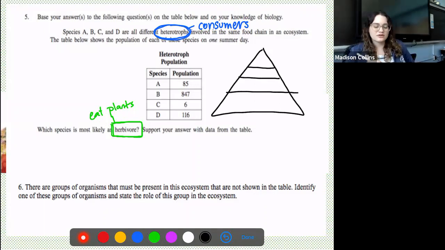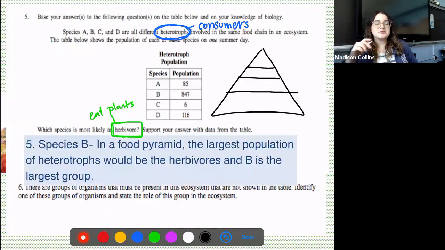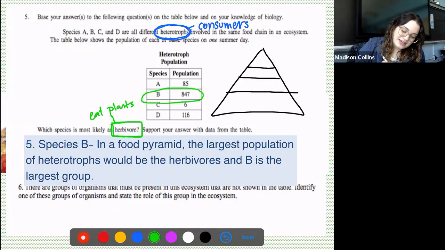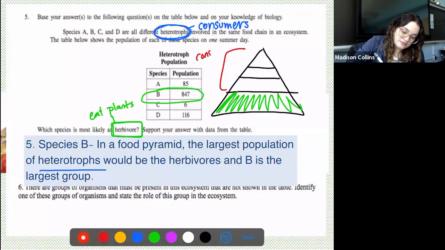All right, what do we know? Well, species B is likely the herbivores here because we know that in a food pyramid, the largest population of heterotrophs is going to be the herbivores, right? We know that we're going to find plants here in the bottom, but then amongst our consumers, our herbivores are going to be the next biggest row.